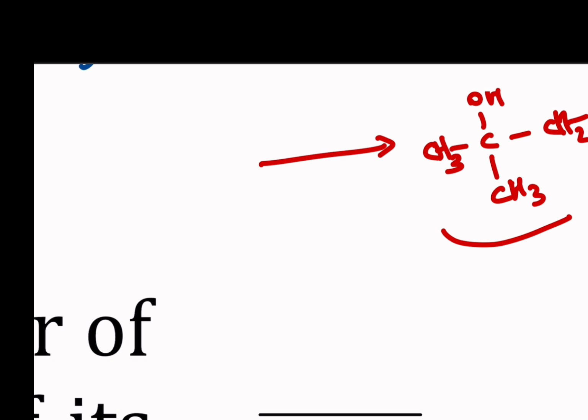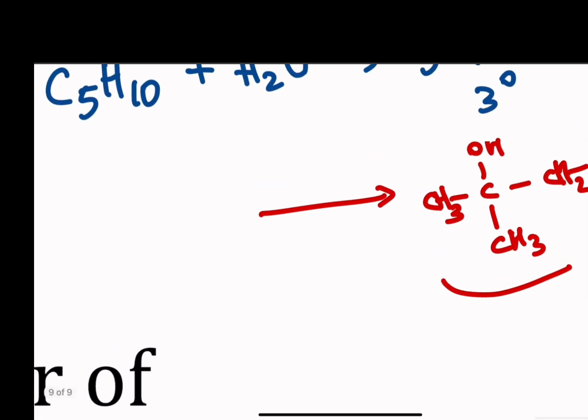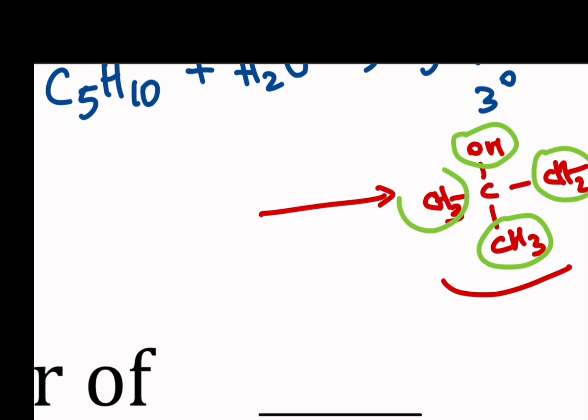So if you go backwards and remove this OH, and you will remove hydrogen from which carbons? We got two options, either this or that, right? Because two methyls, they are the same. So we have two options for carbons.